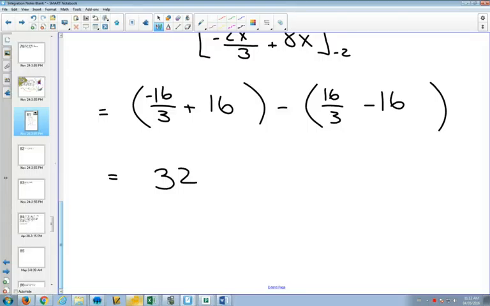Negative 16 over 3 minus 16 over 3 will be minus 32 over 3. So you'll have 96 over 3 minus 32 over 3. Equals 64 over 3.